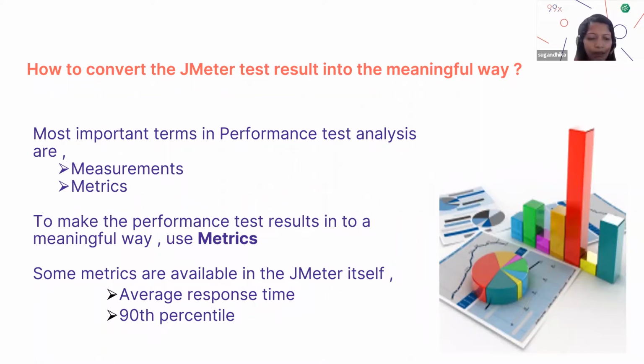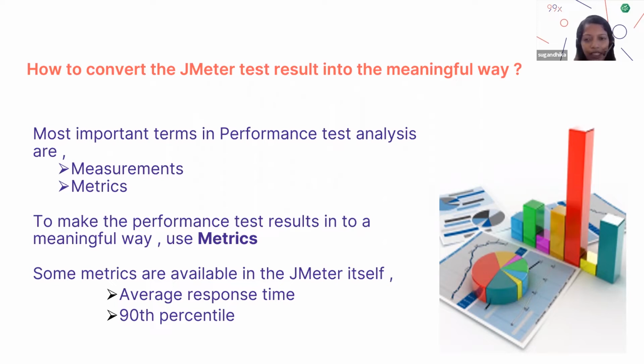But we can't say that this is the correct one by pointing out the 10 seconds, or by pointing out 5 seconds and saying this is the response time. But we can convert this into metrics like average response time, and say this is the average response time.